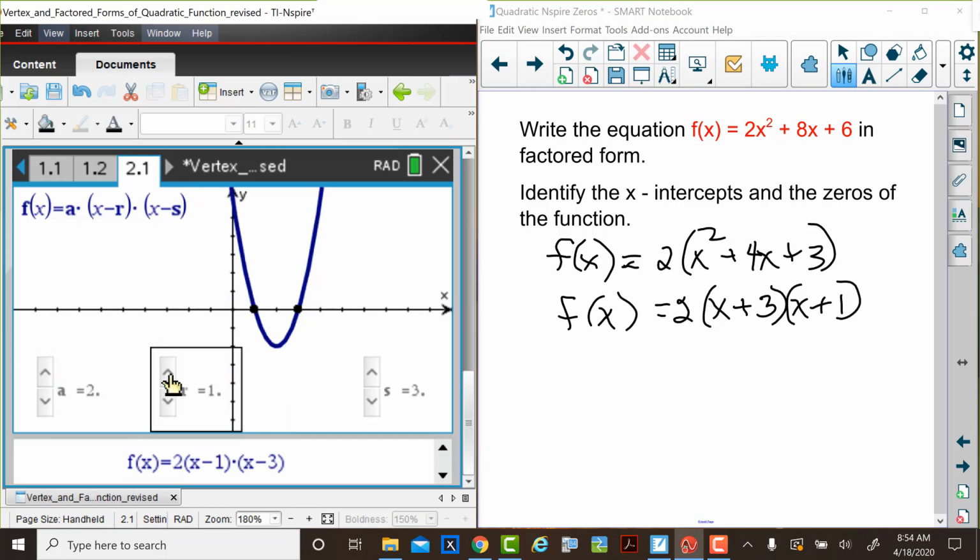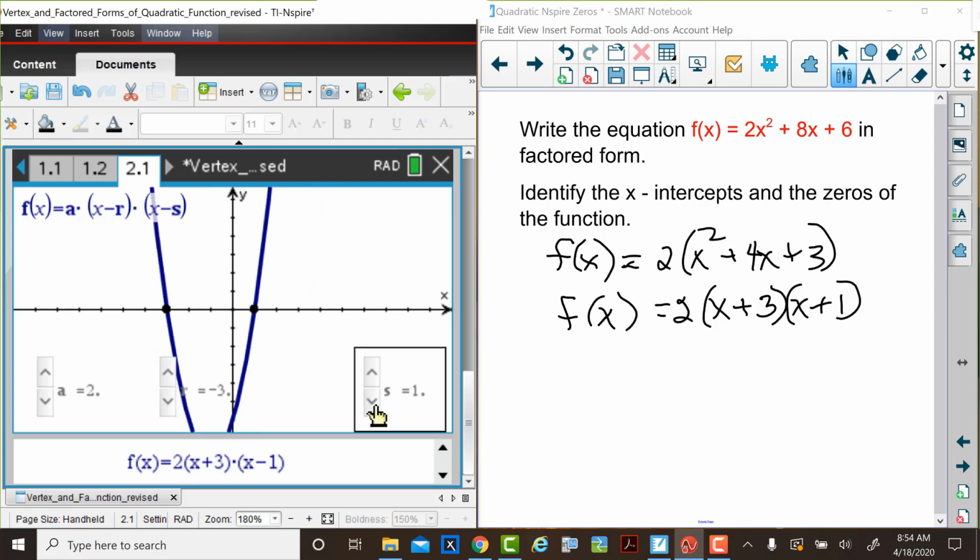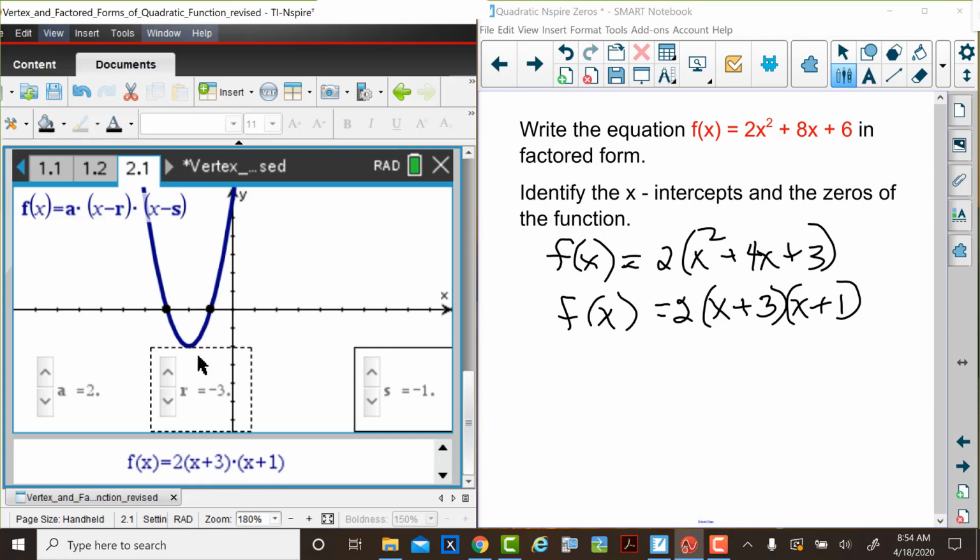So one of our zeros is -1, and the other is -3. So notice, please, that we do have our zeros, and of course, those were computed by setting each factor equal to 0. For example, if x plus 3 is equal to 0, x is equal to -3. If x plus 1 is equal to 0, x is equal to -1.